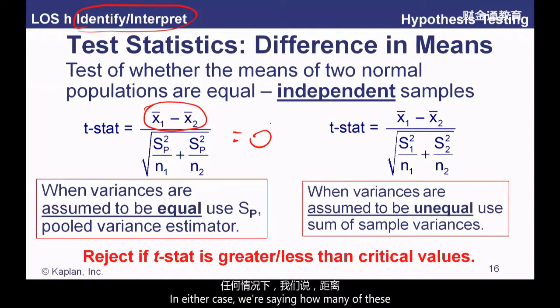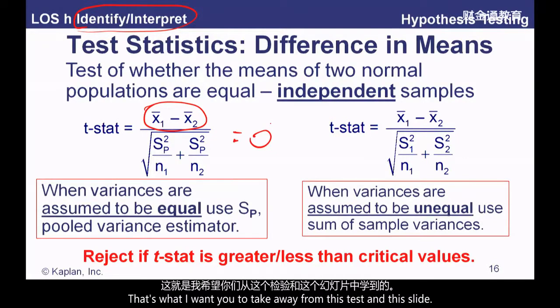In either case, we're asking how many of these standard deviations from the mean we are. So, one, it's a t-test. Two, the samples must be normal and independent. Three, if this number is too big or too small, we're going to reject that those two means are equal. That's what I want you to take away from this test and this slide.